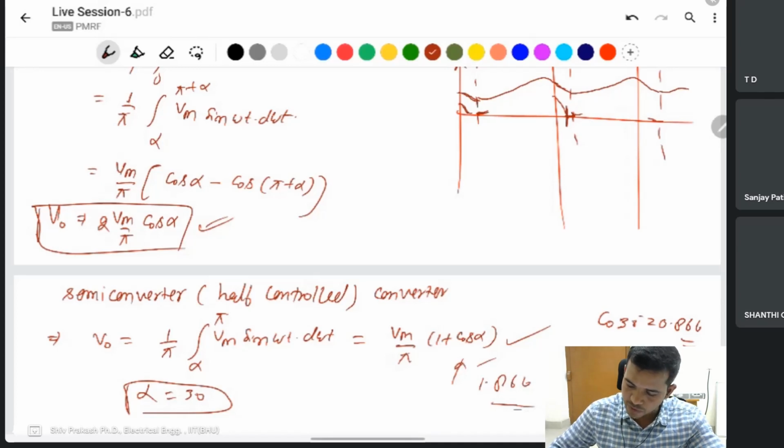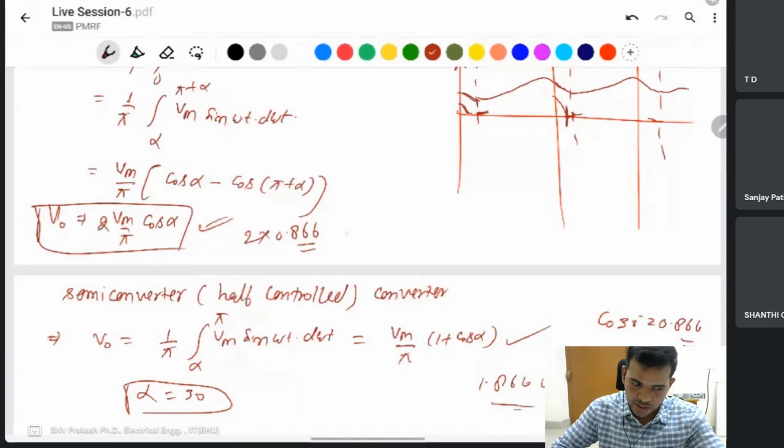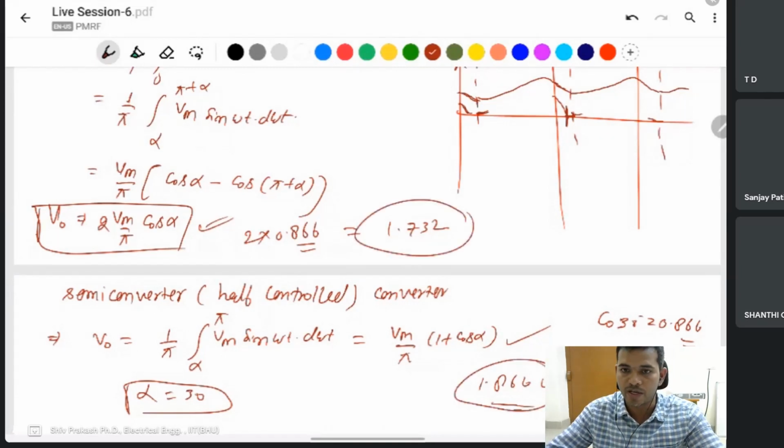And this one is 2 into 0.866, which is 1.732. Which one is greater? This one, no? 1.866.